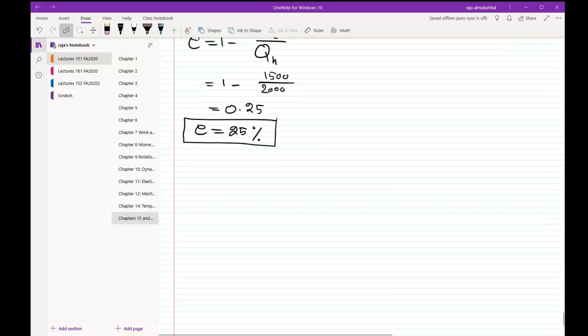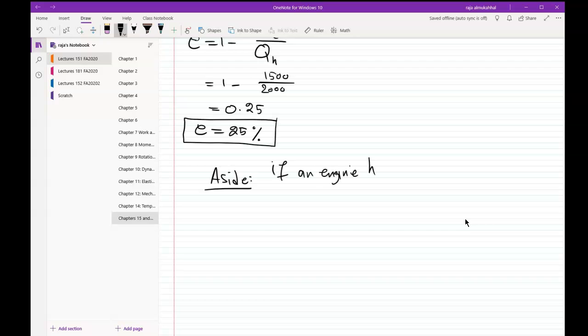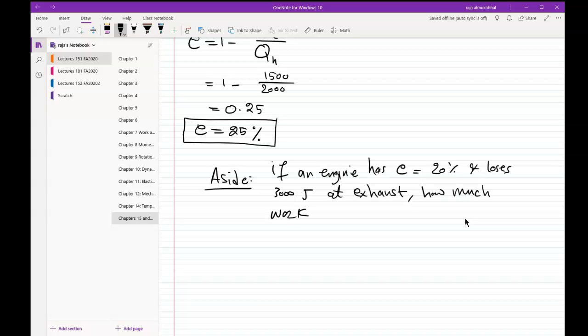Here's a side example that is a continuation of this one. He says, if an engine has an efficiency of 20% and loses 3,000 joule at exhaust, question: how much work is done by the engine?